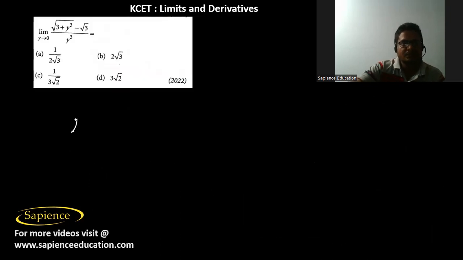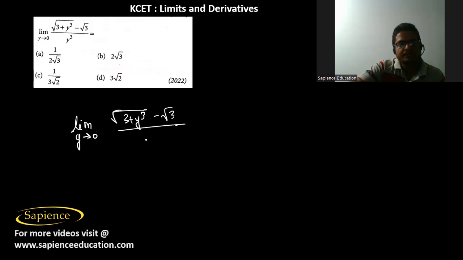Then here it is told to find limit y tends to 0, root over 3 plus y cube minus root 3 divided by y cube. So this actually we can rationalize the numerator.